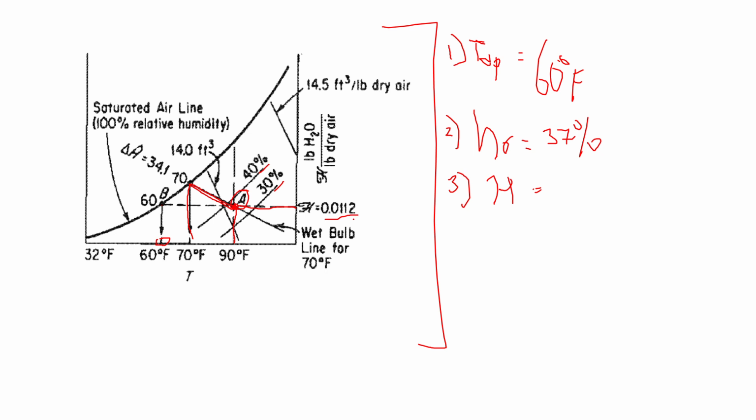This can be written as 0.0112 pound H2O per pound dry air. So humidity is always written per pound dry air. If 1 pound of dry air is there, in that 0.0112 pound of water, H2O, will be there, the moisture content. The next parameter that we will be finding is the humid volume.